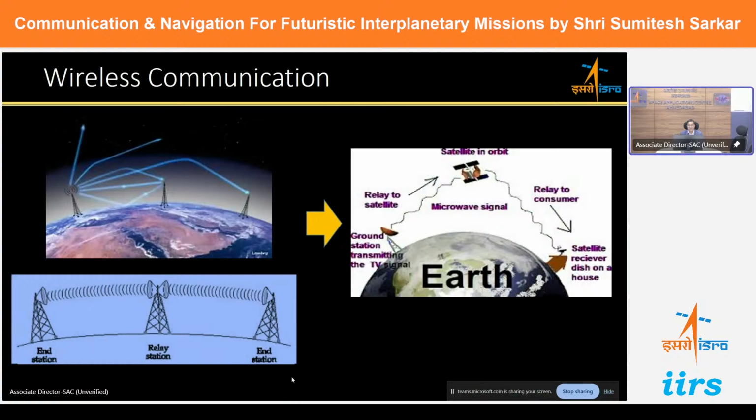Why 36,000? Because from the surface of the Earth, it appears to be stationary at a particular place on the surface of the Earth. So the signal travels this large distance of 36,000 kilometers, goes to the satellite and then comes back to the receiver, and vice versa.